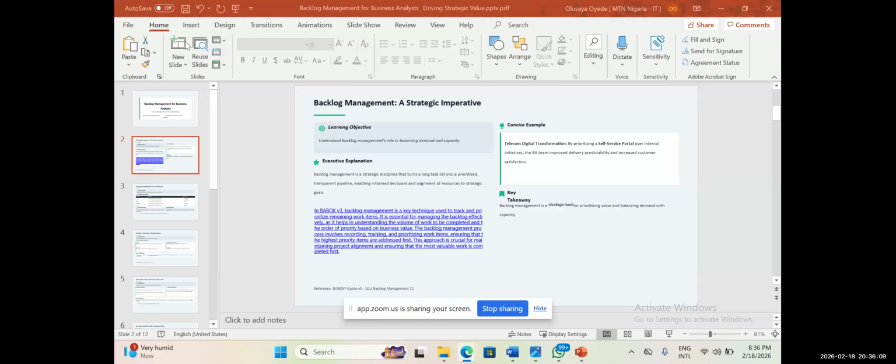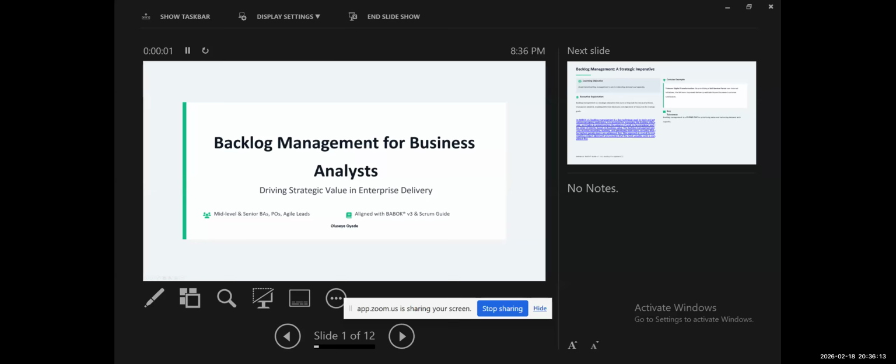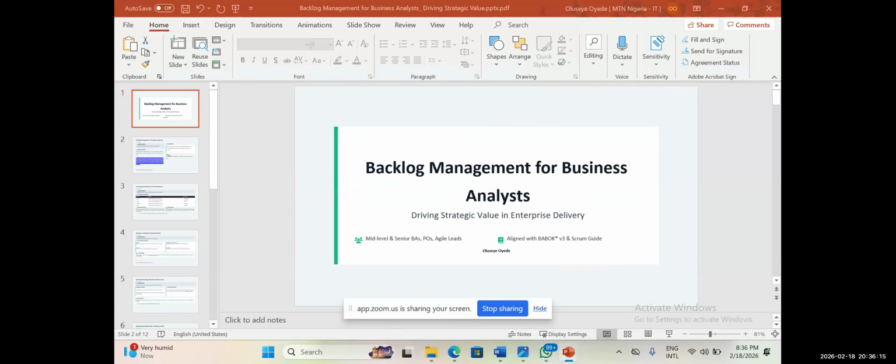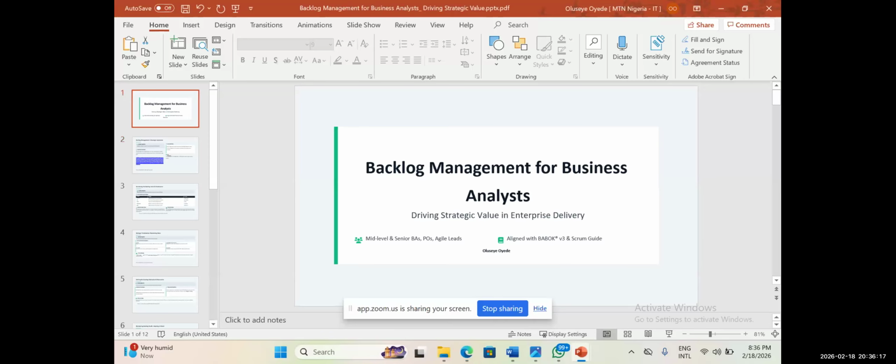Just see my screen now. Please confirm you can see my screen. Yes, I can see it from my end. You can see it, right? Yes, I can see it. Okay. Is it in presentation mode?